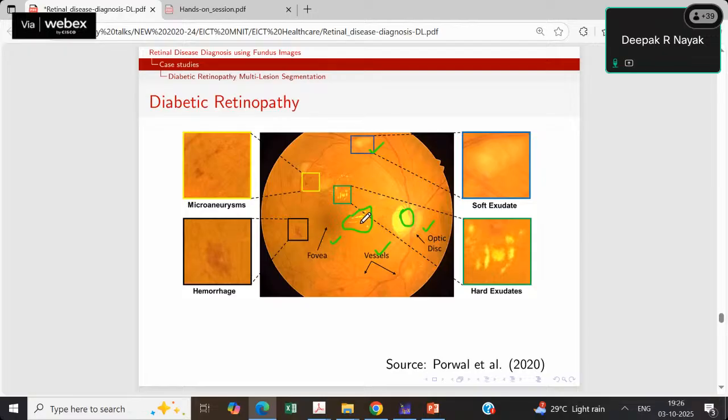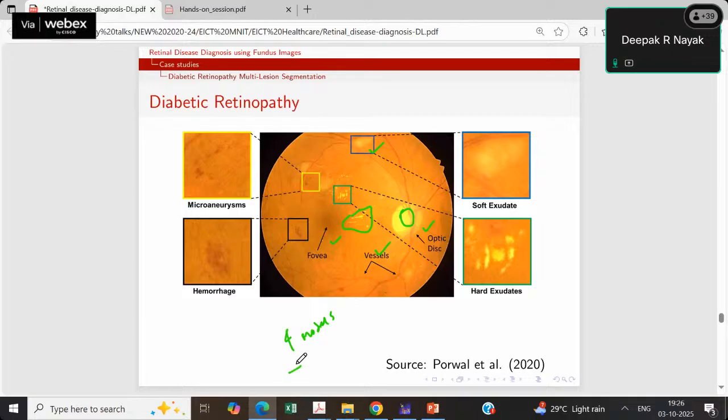People started solving this as an individual segmentation problem for each lesion: how to design a model to segment hemorrhage, how to design a model to segment microaneurysm, soft exudate, and so on. Four independent models are required to identify all these regions.